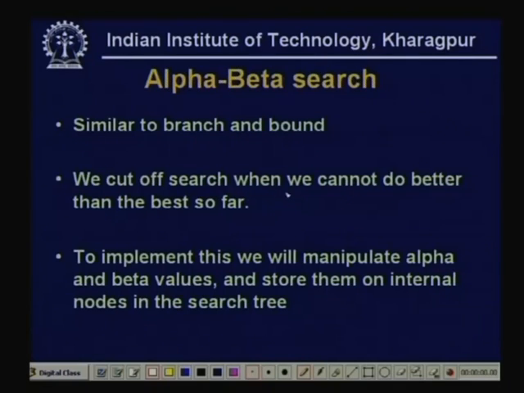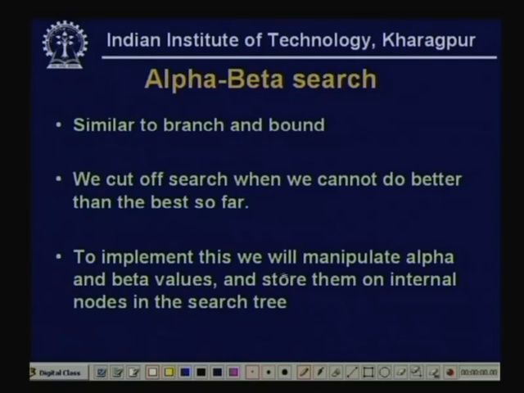So, this strategy of pruning is called alpha beta pruning. Alpha beta pruning is some type of branch and bound pruning, and the idea is that we cut off search when we cannot do better than the best so far.